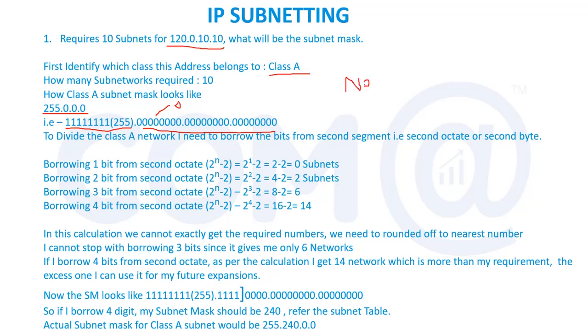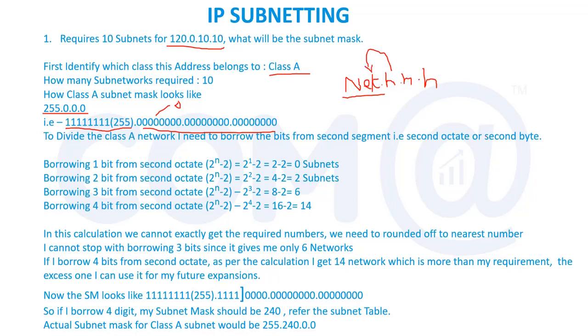The first portion is net and the rest is host. This is for class A, so we cannot change anything in the network portion. To divide the network, we are going to borrow bits from the host portion to the network portion.